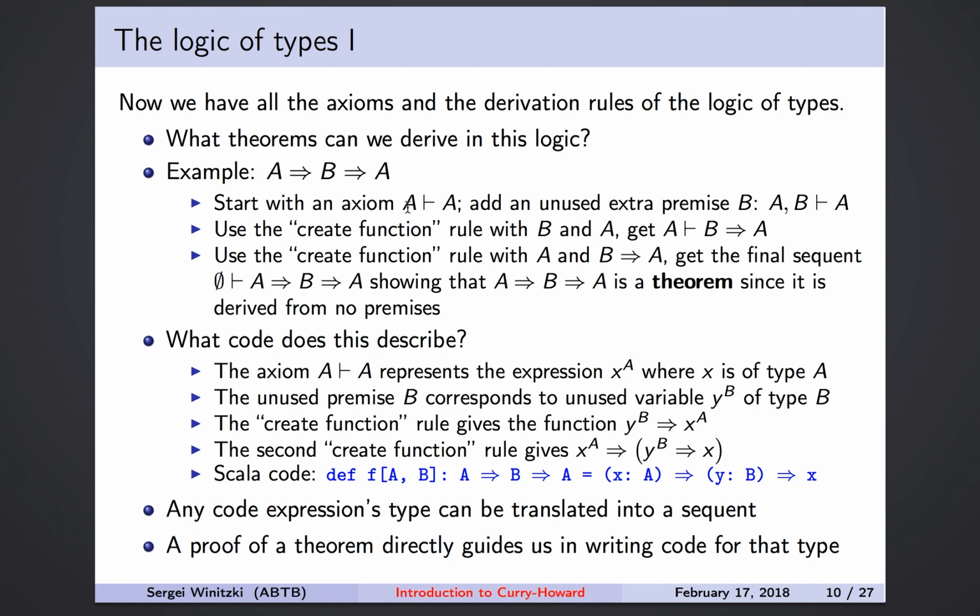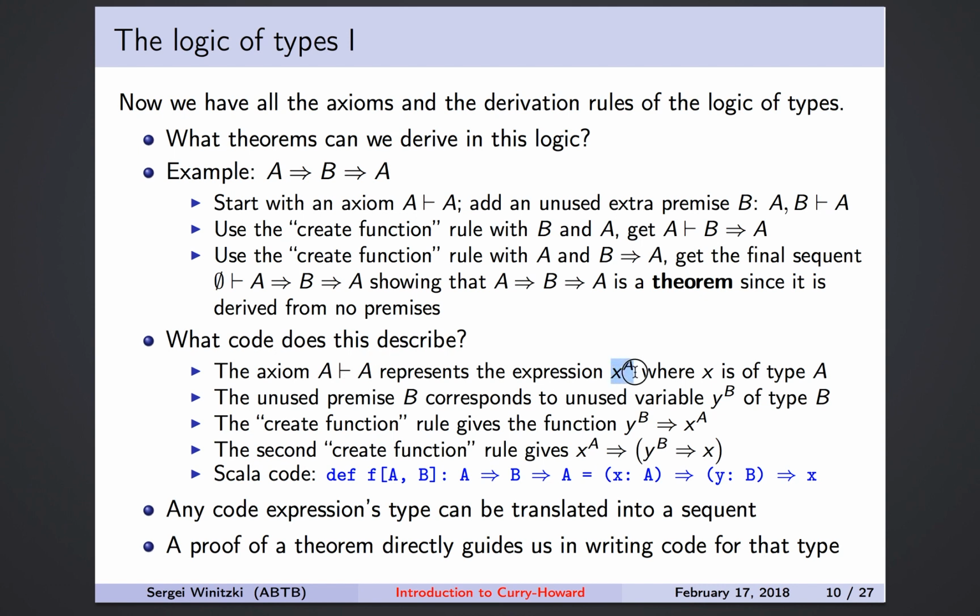For example, here, this axiom represents the expression x. Now, in my notation, I put the type as a superscript, just to be shorter and more readable. So this in Scala syntax would be written like this: x of type A. So I'm writing it here in a short notation like this.